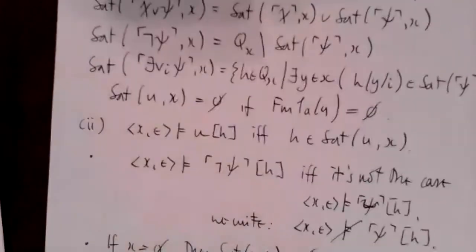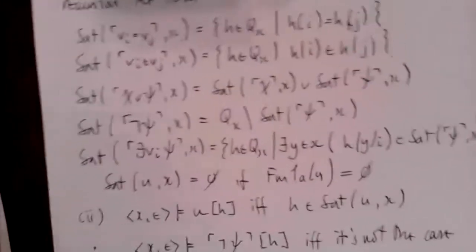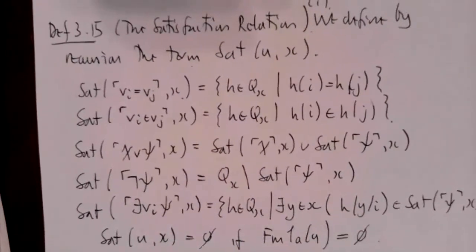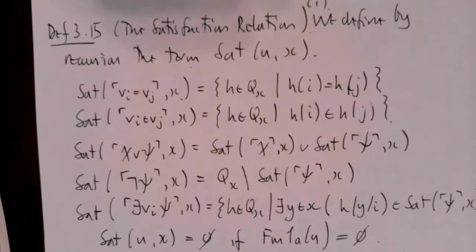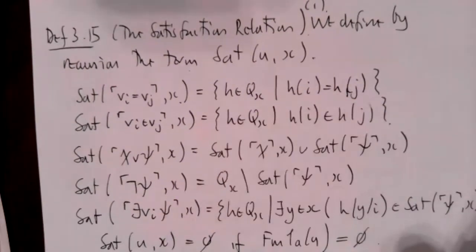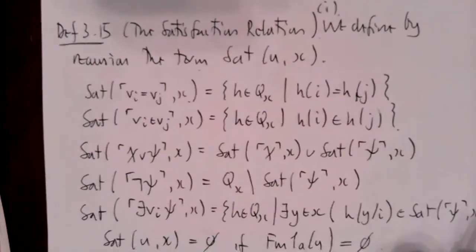So to comment on this a little bit here, as Tarski noted, to define the truth or falsity of a sentence in a structure, according to this scheme, you're going to have to define truth or falsity of formulae.